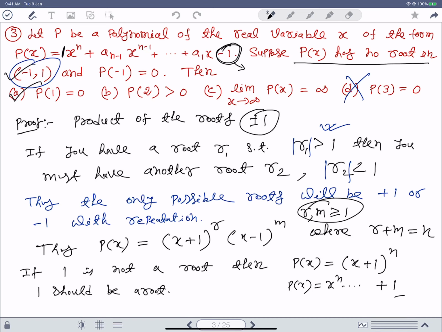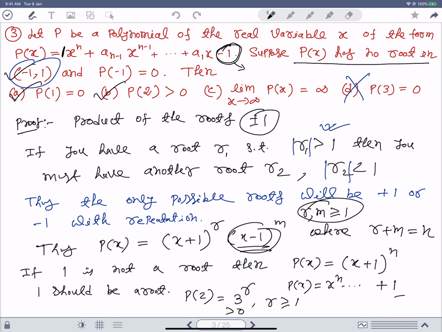Now, what will be my P2? Just put the value of P2, that will be 3 to the power r times 1, and we know that r is bigger than or equal to 1. So this is also bigger than 0. So this is also true.